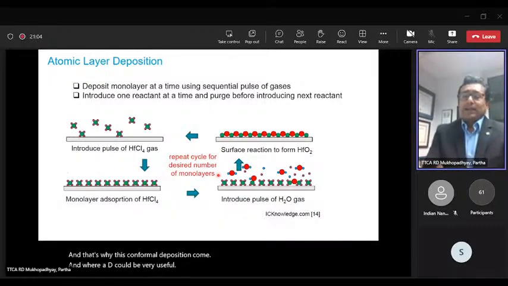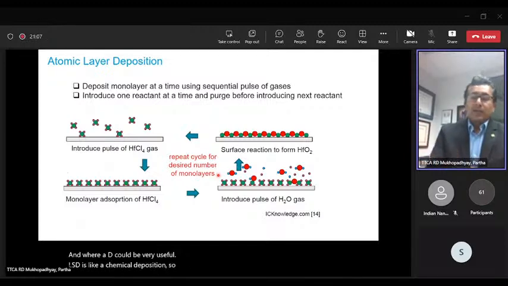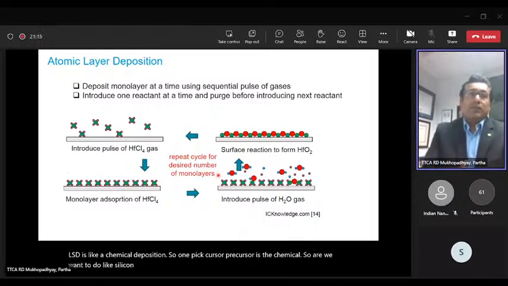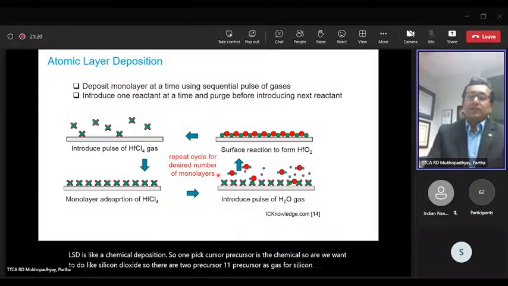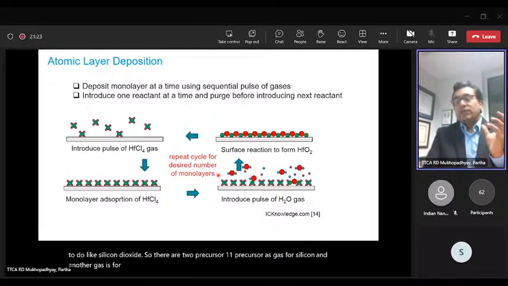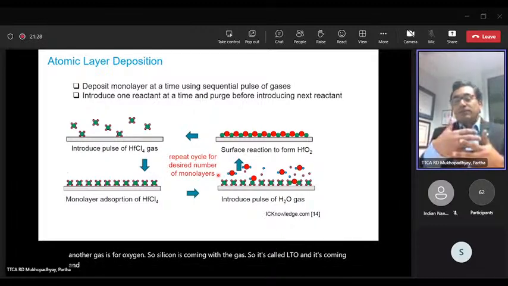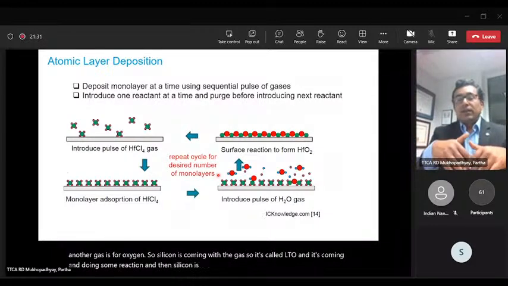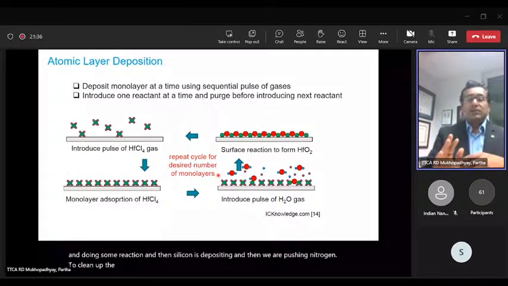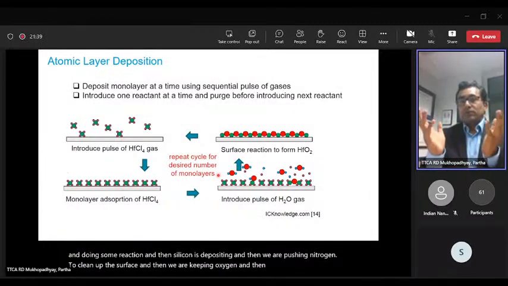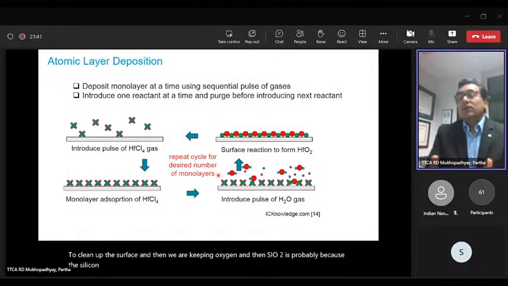ALD is a chemical deposition. So one precursor is a chemical. Say we want to make silicon dioxide. There are two precursors. One precursor is a gas for silicon, and another gas is for oxygen. So silicon is coming with the gas, and it does some reaction, and then silicon is deposited, and then we push nitrogen to clean up the surface, and then we give oxygen, and SiO2 is formed because the silicon has some dangling bonds on the top.